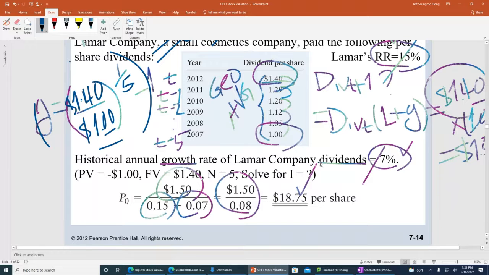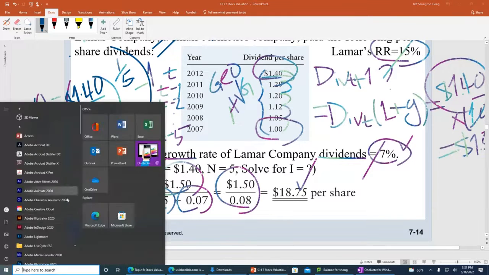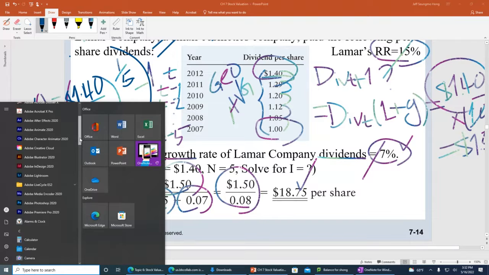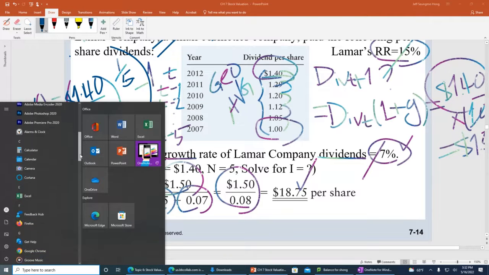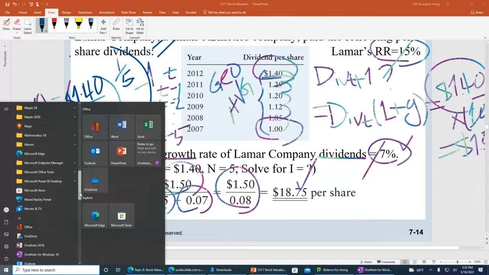It will be just slightly different. I don't understand why they don't even have a calculator.